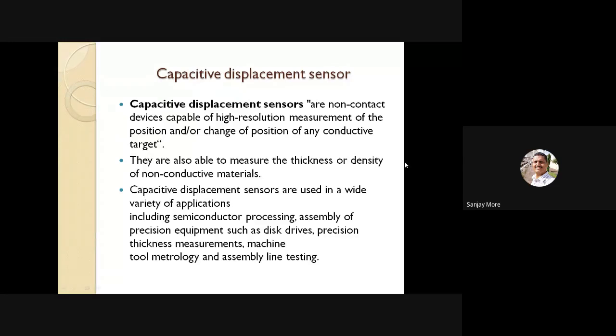Also, they are used to measure thickness, and in machine tool metallurgy and assembly line testing. Machine tool metallurgy means you have to measure the component or material used to manufacture such a part at the time of joining, means assembly.